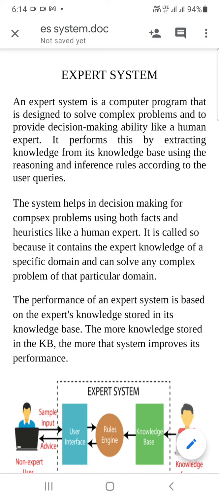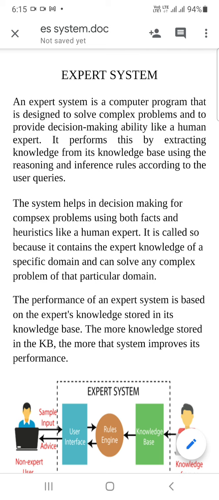So, like a human, a system which has brief knowledge about a particular domain is called an expert system. An expert system is a computer program that is designed to solve complex problems and to provide decision making ability like a human.